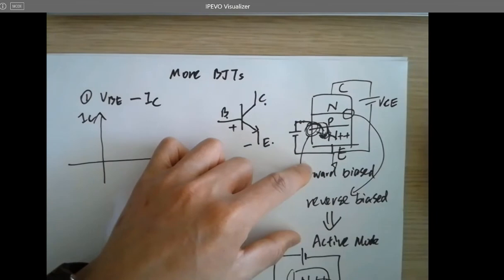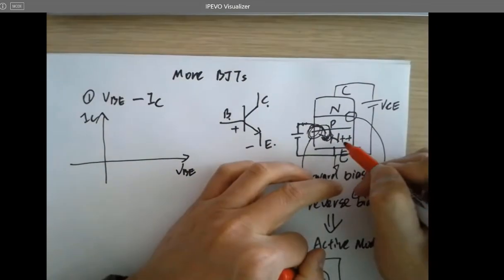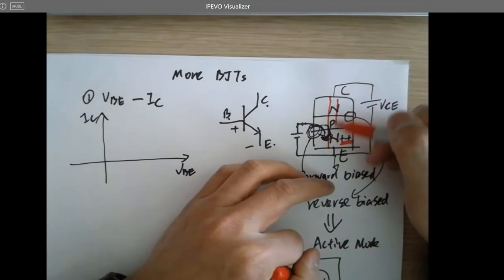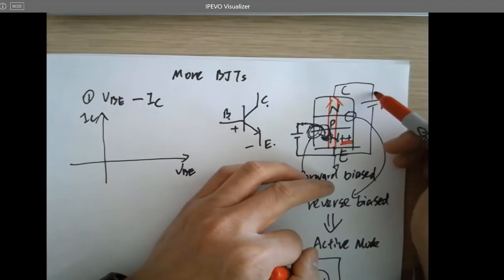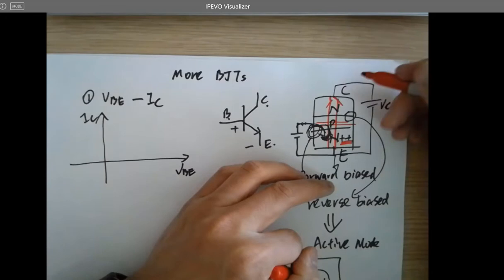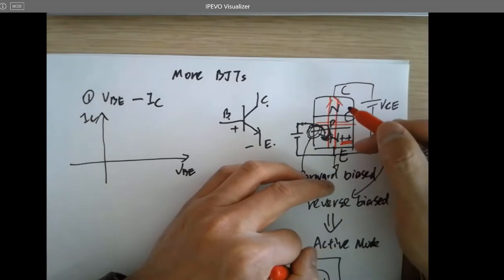And all the free electrons here, which is heavily doped, will be attracted to this positive potential, the anode of the voltage source, because this is super thin. So the electrons will be swept across this thin P layer and arrive here.